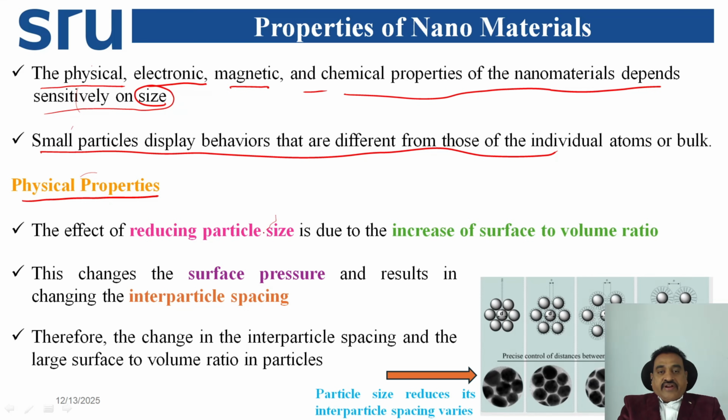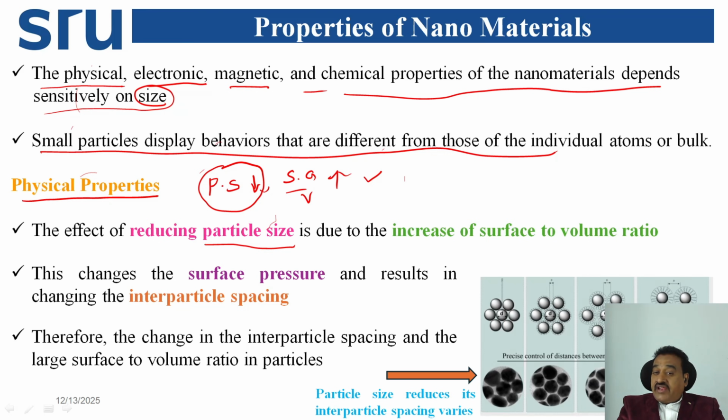The effect of reducing particle size: as particle size decreases, the surface area to volume ratio increases. So what I am saying here is, if the nanoparticle size decreases, the surface area to volume ratio increases.